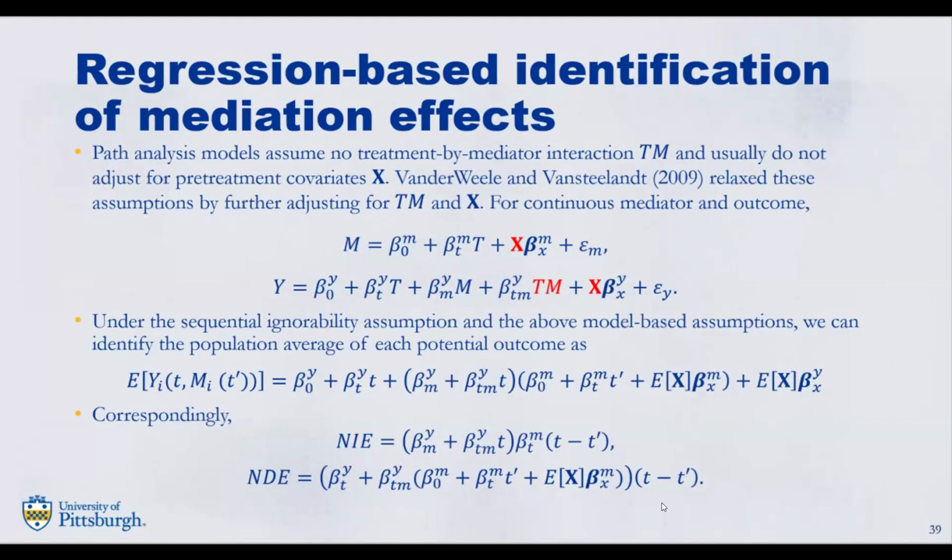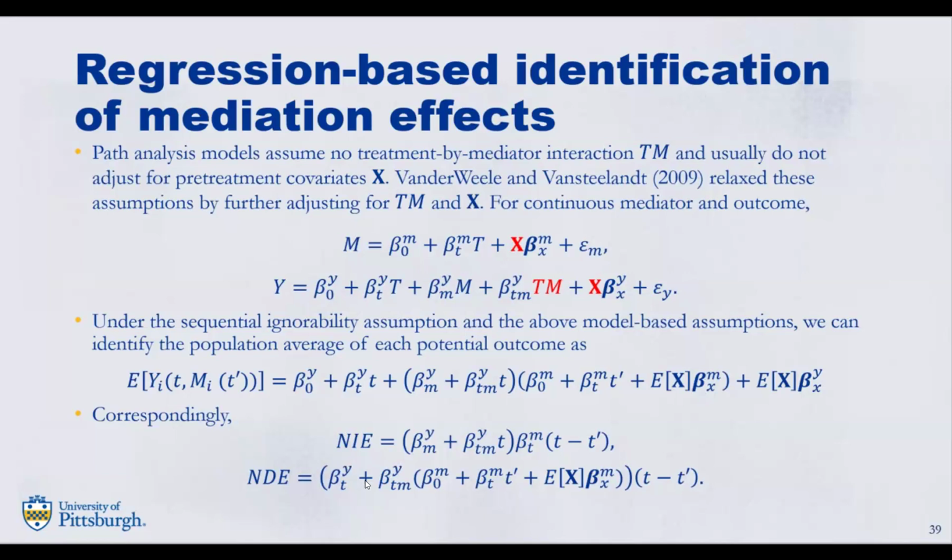So this slide completes the whole section on causal mediation analysis. Through this section, I hope you can have a better idea about the definition, identification, and estimation. So we use these models to estimate the indirect and direct effects. What we do is that we get the estimates of the regression coefficients and replace them here so that we can get the estimates of NIE and NDE.